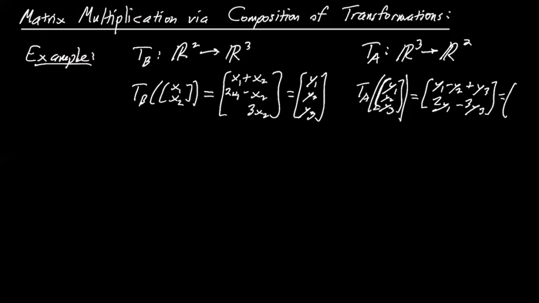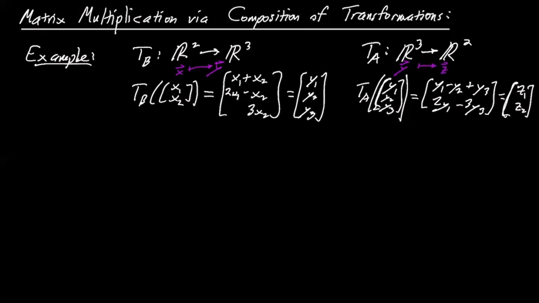Let's call the output of that z1 and z2. So this is like we're composing functions. Right here we have x going to y, and here we have y going to z as vectors.